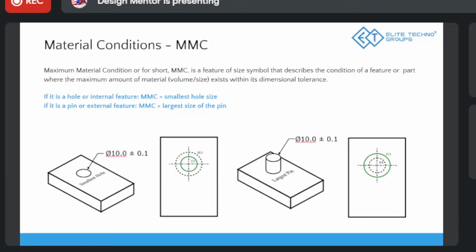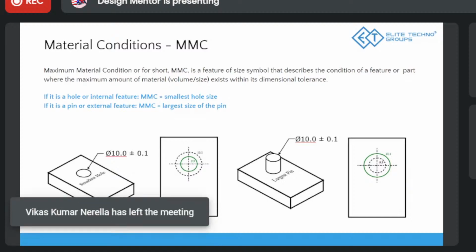What is MMC? So MMC is basically maximum material condition. So let's take, for example, an external feature, like a bottle or a shaft, right? What is the maximum material condition? If we say it has a dimension like 10 mm, the shaft diameter is 10 mm, and it has a tolerance of plus minus 1 mm.